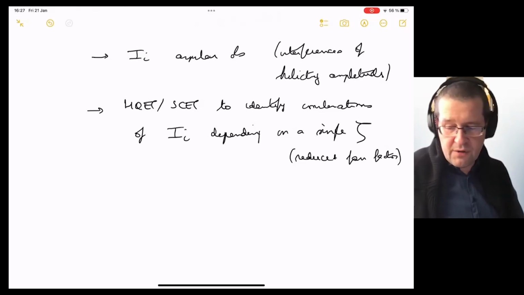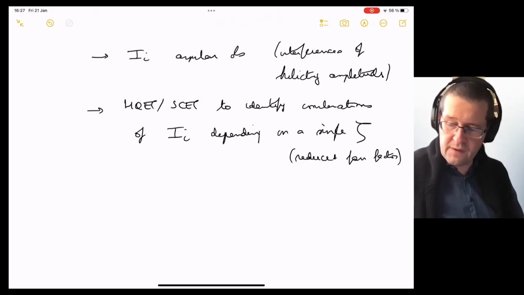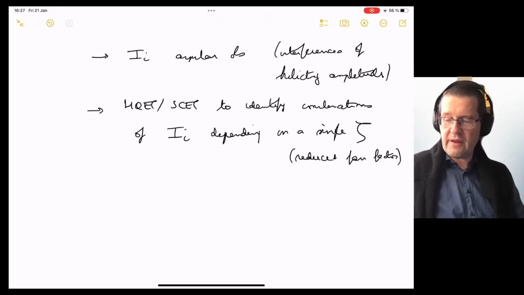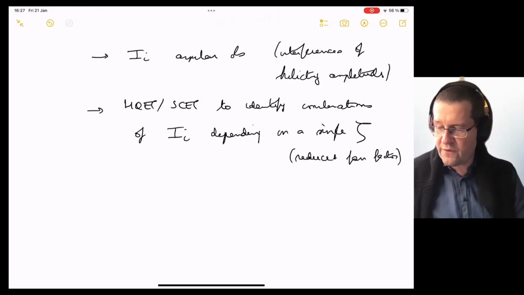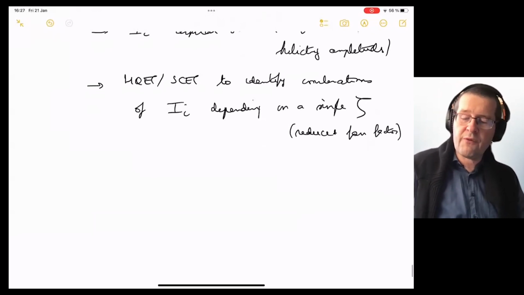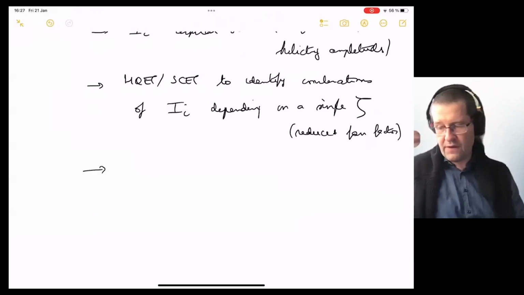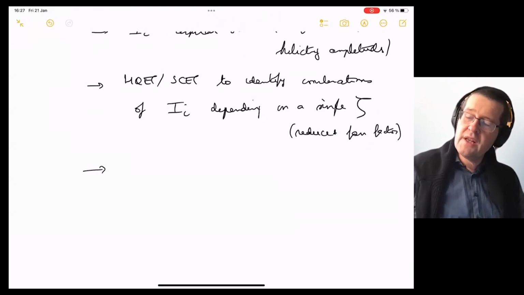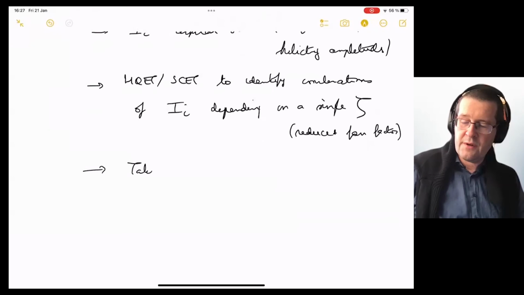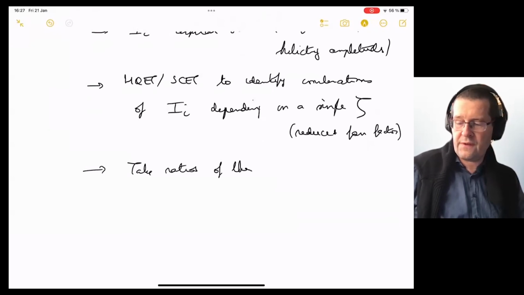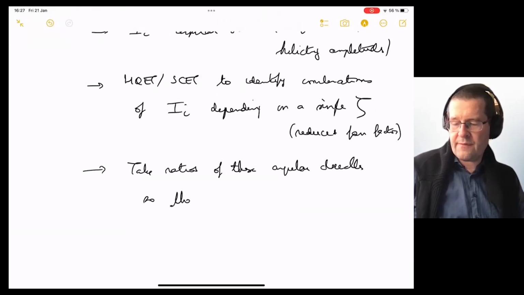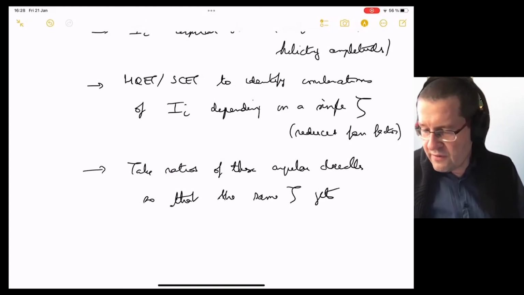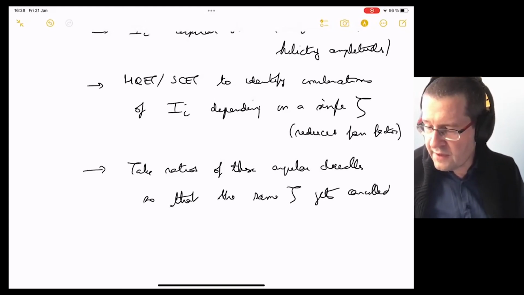But then in the limit of HQET or SCET, they collapse to very simple identical soft form factors. Obviously this is in the limit, and then you've got corrections to this limit, one over m_b corrections, alpha_s corrections. But the idea is that you can then take ratios of these angular observables so that the same reduced form factors get cancelled out.